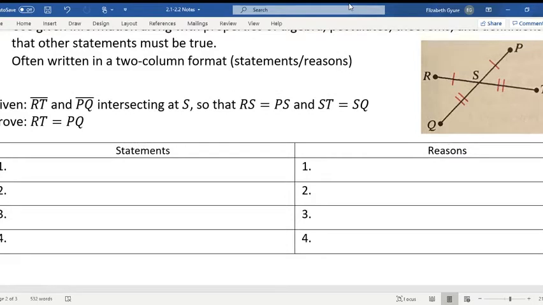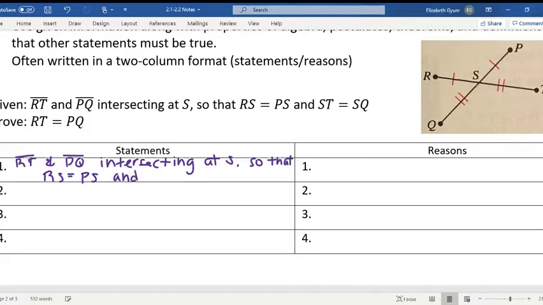Okay, so our first statement is always our given. We're just going to restate it. So we are told that segment RT and segment PQ intersecting at point S, so that the measure of RS equals the measure of PS, and the measure of ST equals the measure of SQ.